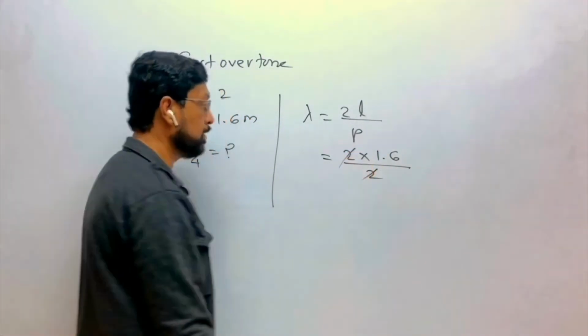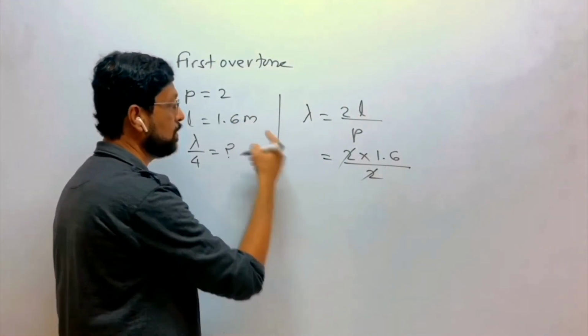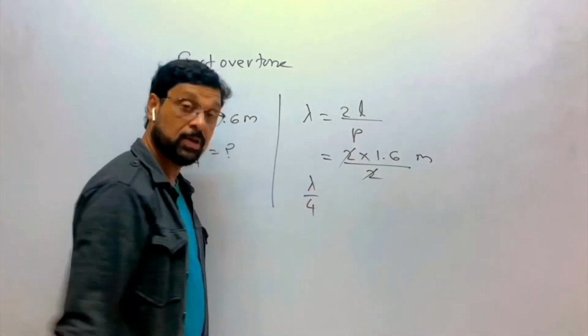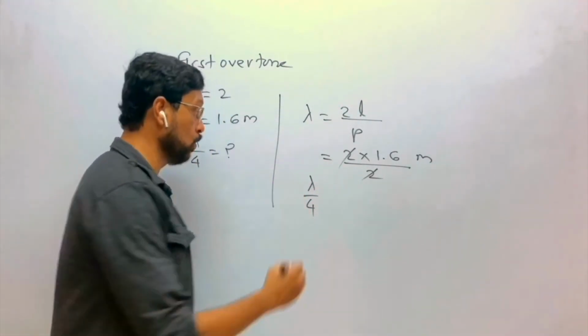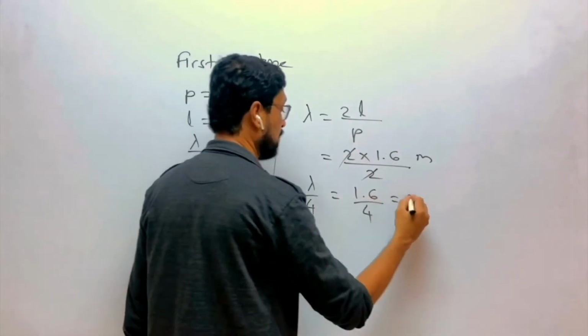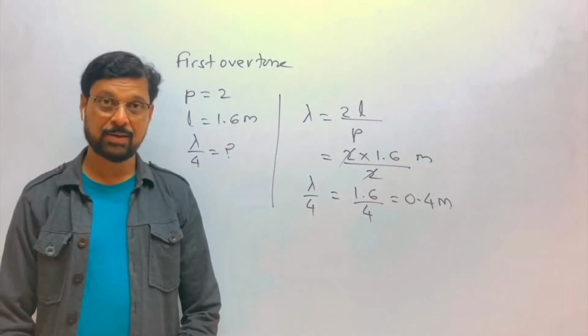So lambda is 1.6 meter. So lambda by 4, distance between node and antinode, will be equal to 1.6 by 4, that is equal to 0.4 meter. Simple.